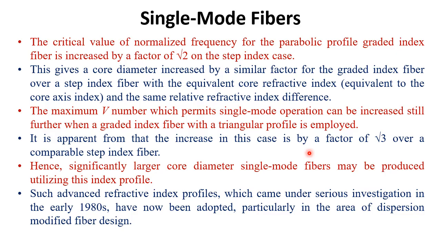Because smaller core diameter fabrication is really difficult, and to maintain the refractive index within that small region is also very difficult. So it will be easier for us if we use the graded index fiber for single mode operation. That will be easier for fabrication as well as for the design.